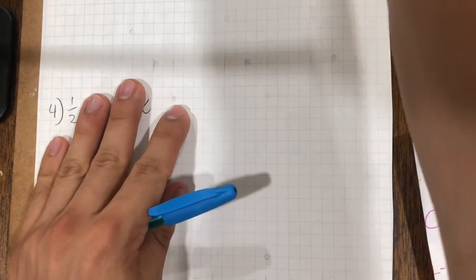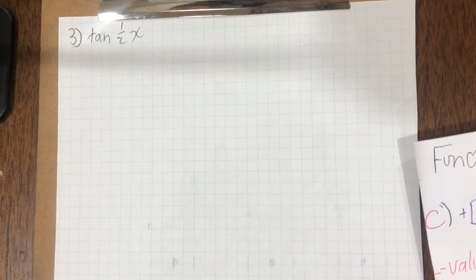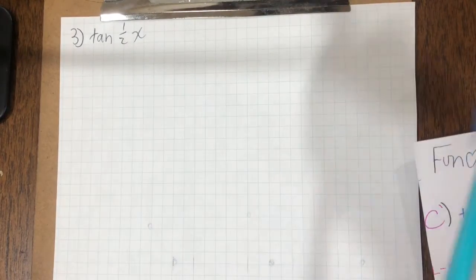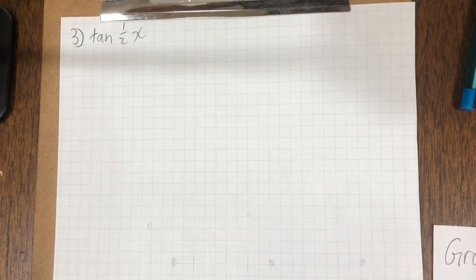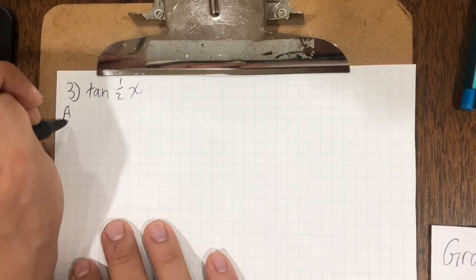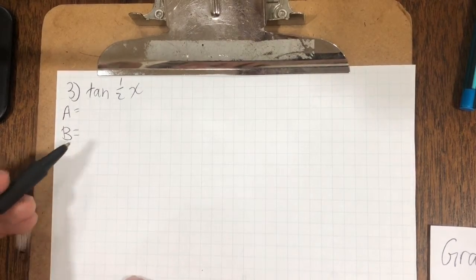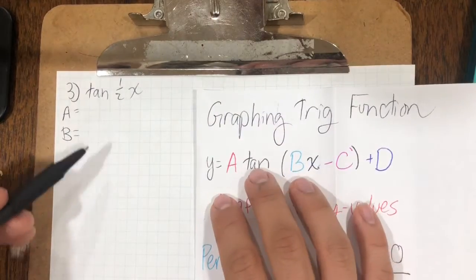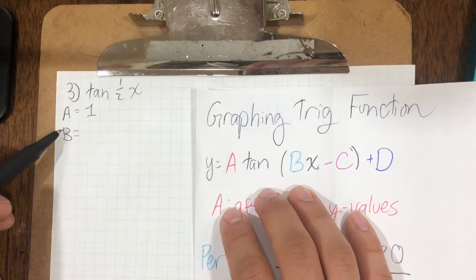So let's take a look at example 3. Now, example 3, we have tan of 1/2 x. First off, we're going to figure out my values for A and my values for B. There is no number in front of the tangent, so my coefficient is going to be a 1, and for B, there's a half.